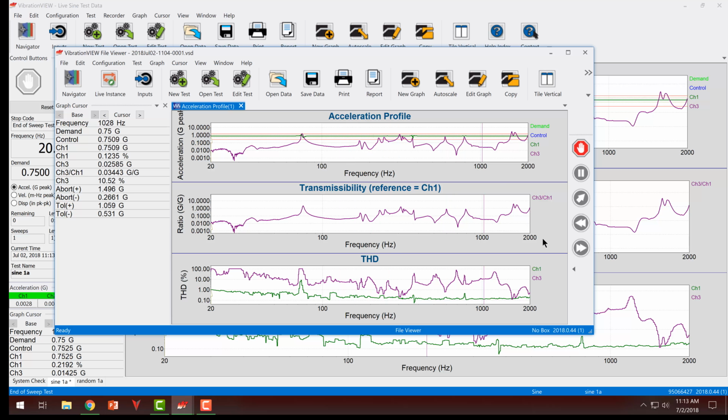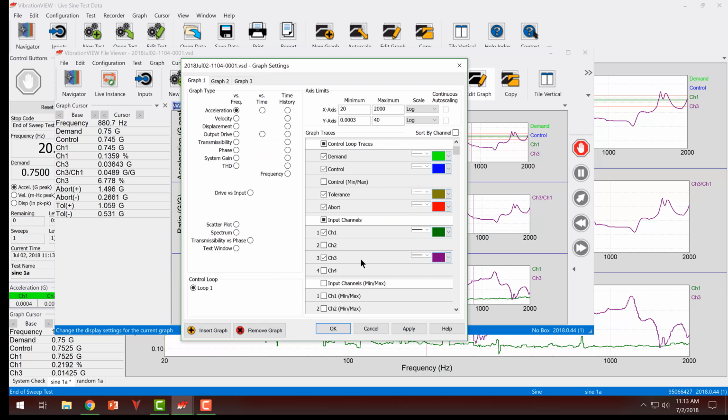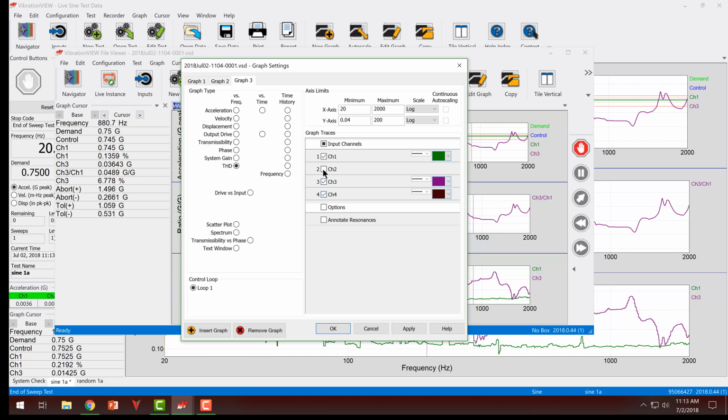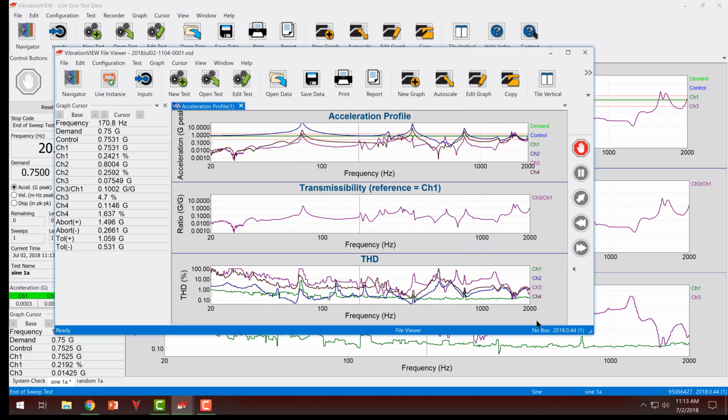And if you notice the channels aren't all on, but if I edit the graph, I could put channel 4 and 2 back in and do that for the graph 3 here. And that data all comes back and available.